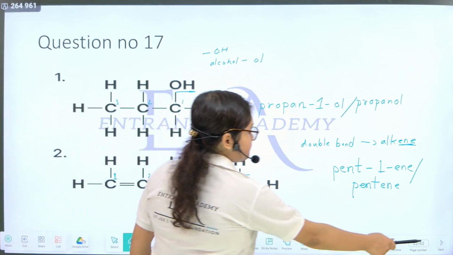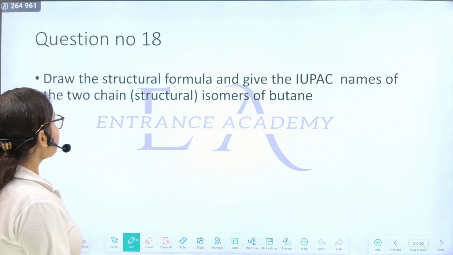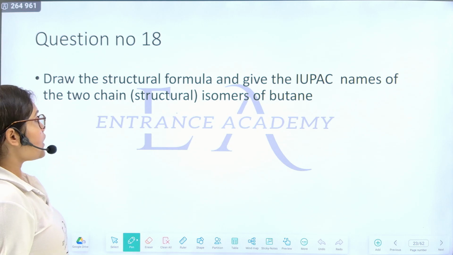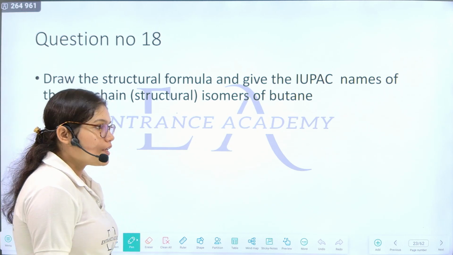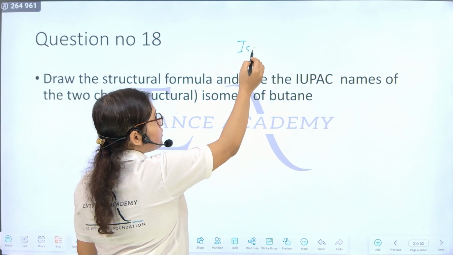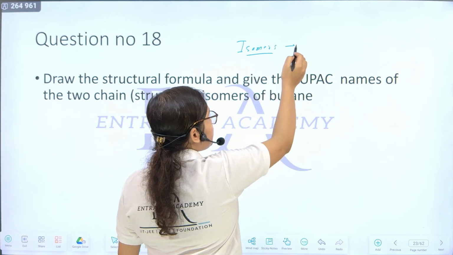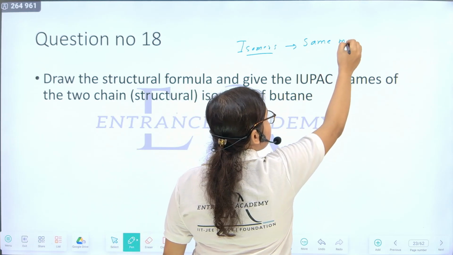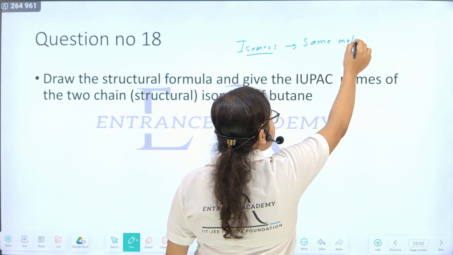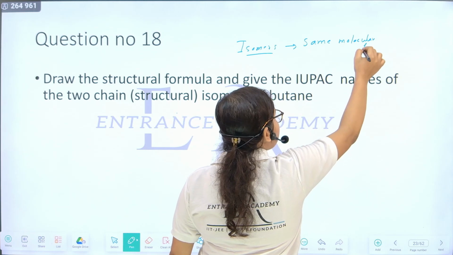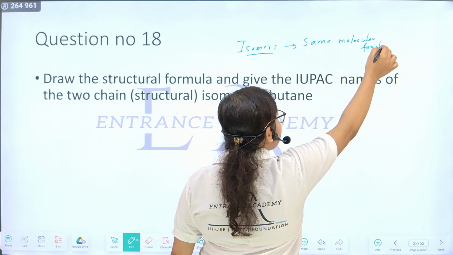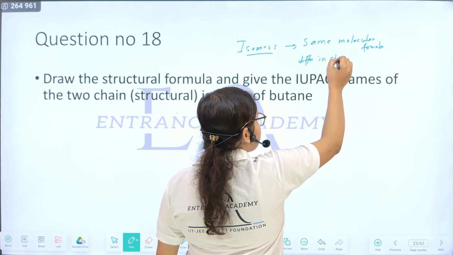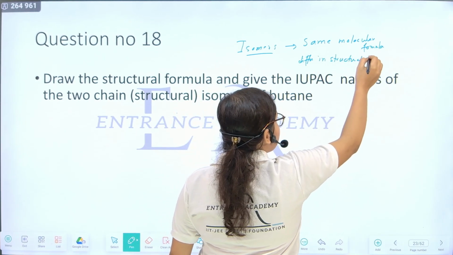Next question. Draw the structural formula and give the IUPAC names of the 2 chain isomers of butane. Now what are isomers? Isomers have the same molecular formula but differ in structural arrangement.